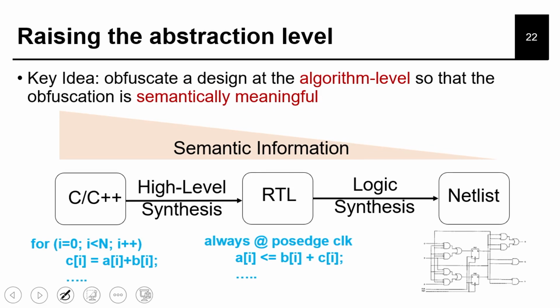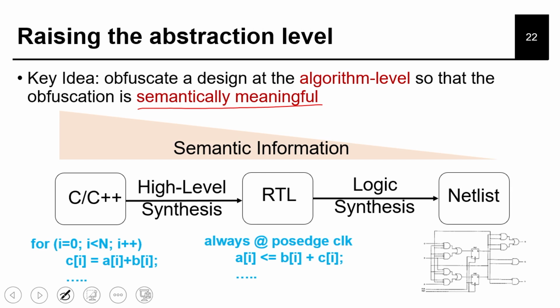We will see in today's class that when you lock the design at the higher abstraction level, what I am going to lock is a bit different from what I lock at the gate level design. Specifically, at the higher abstraction level you will have more semantic information, right. You know where the loop is, where the branch is, where the condition is, where the operations are, you have all those control informations visible.